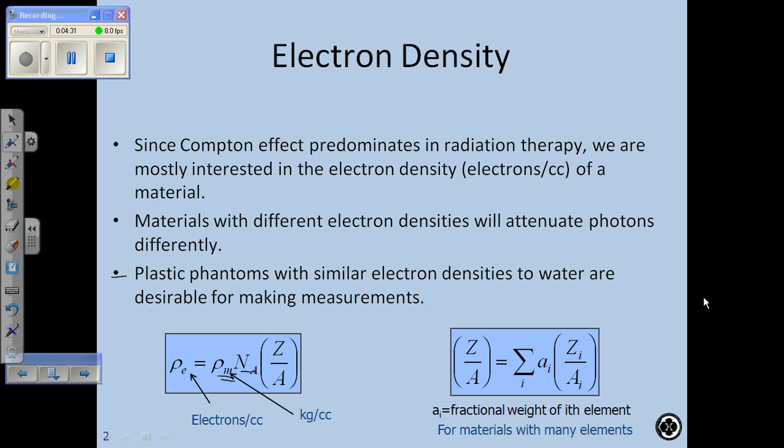So if we look to see if the units work out, the mass density is kilograms per cc, times Avogadro's number, which is in units of what? We can say atoms per mole. Okay, atoms per mole.